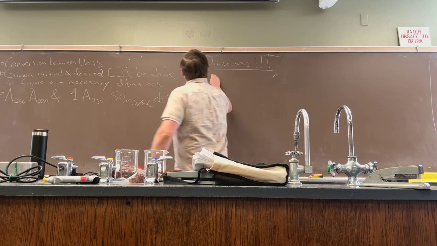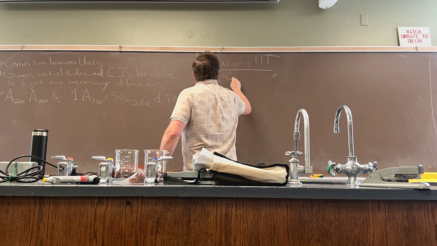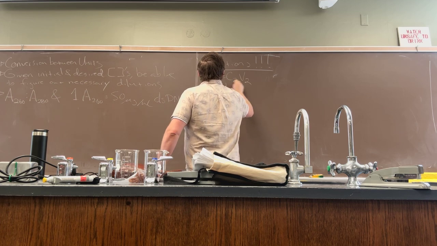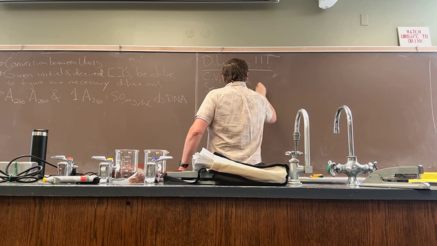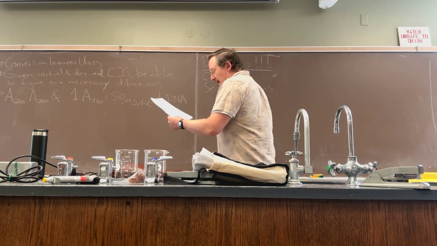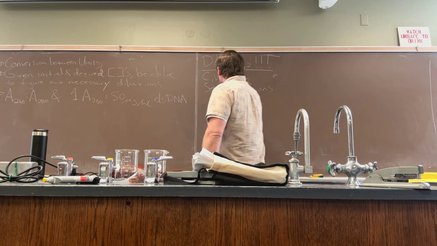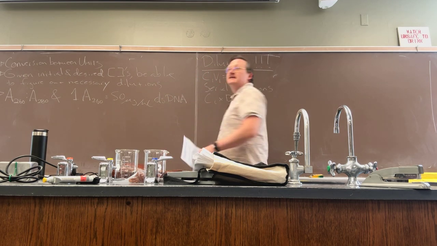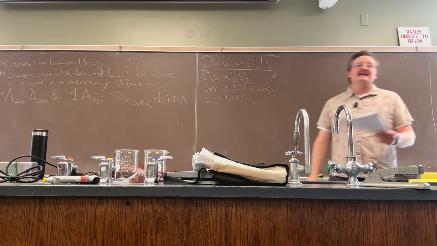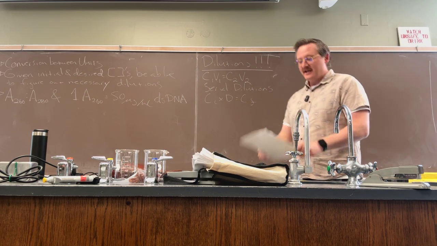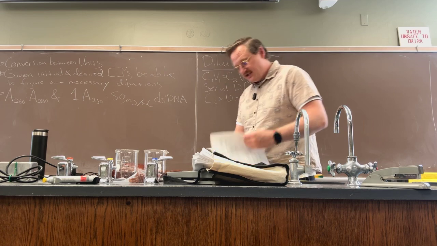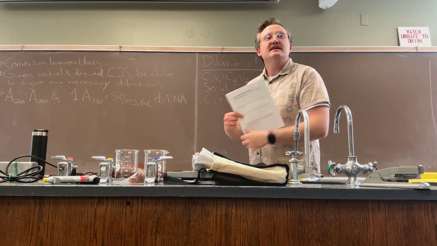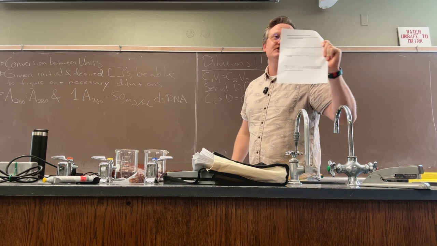That includes things like C1V1 equals C2V2, serial dilutions, C sub I times D equals C sub F. All of the stuff from that chemistry review worksheet. In fact, the last page of the lab final is just dilutions and solution making.